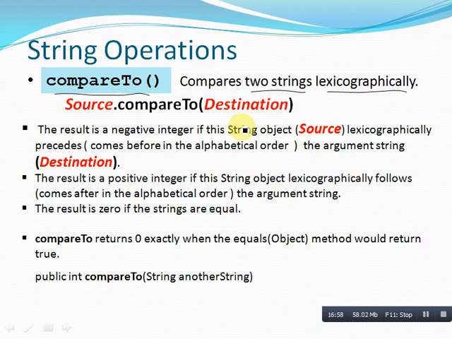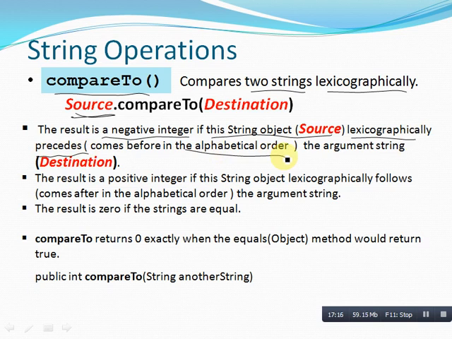Now the result of this method is a negative integer if the invoking string object lexicographically precedes, and comes first in alphabetical order.